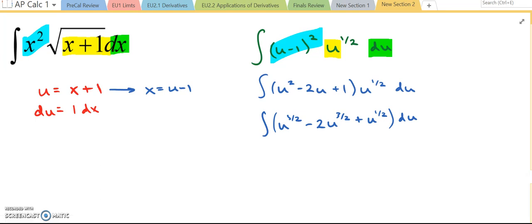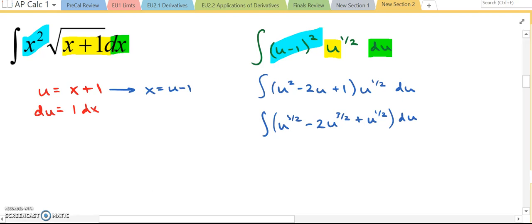Power rule again, and we can just keep this thing rolling. Power rule says you add 1 to the exponent and then put that same value in the denominator. A lot of you don't feel necessarily comfortable with putting a whole fraction down on the bottom of an expression. And if that's the case, that's okay. We know how to deal with that using multiple steps. This is what I should end up with.